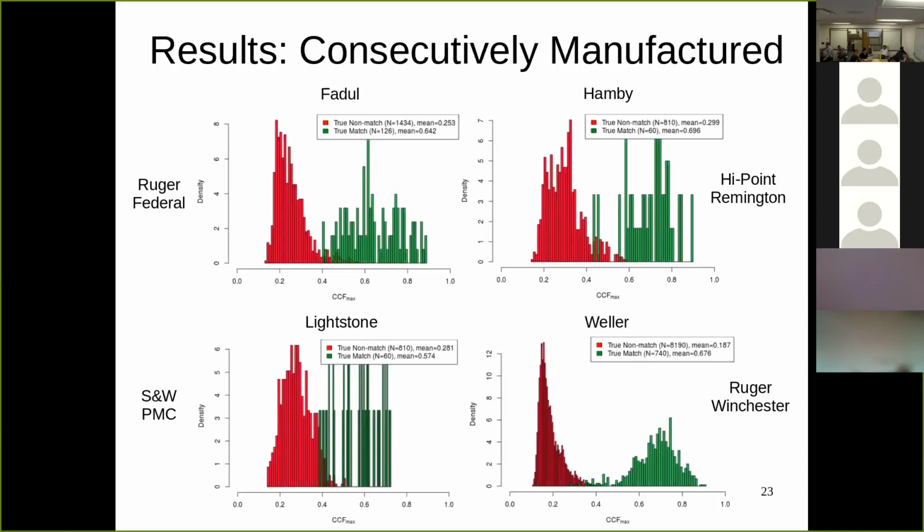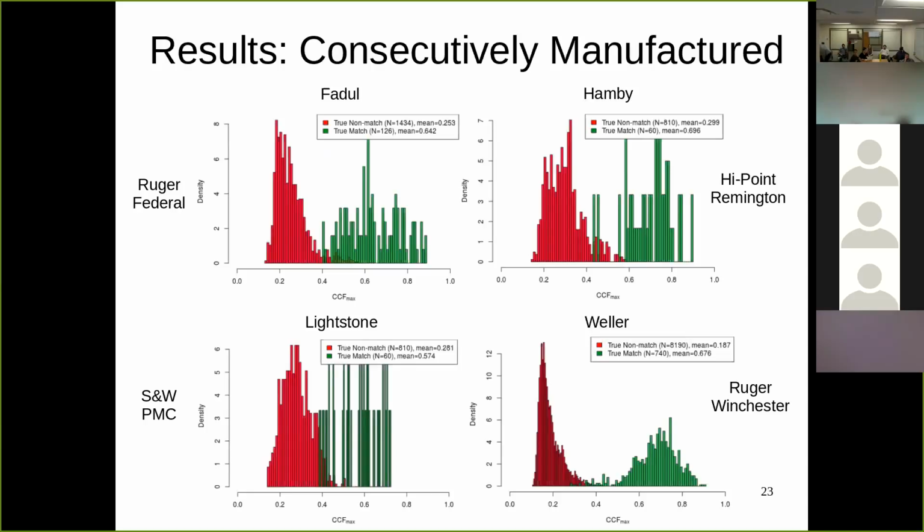A good result would be if all of the non-matches had lower scores than the matches. That would be a good separation. So we're looking for a good separation between the red and the green distributions. Here we see that the results are pretty good. Generally, the algorithm is able to differentiate between pistol slides reasonably well.